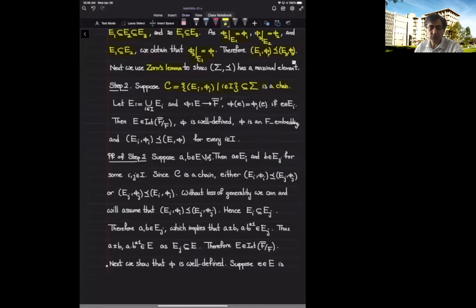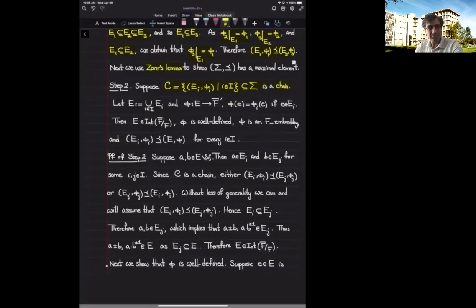So this means I need to find a pair E comma phi, where E is an intermediate subfield and phi is an F embedding from E to F bar prime. That's our goal. So we start with the first component, E. I'm giving you a chain of subfields, and I need a subfield that contains all of them.